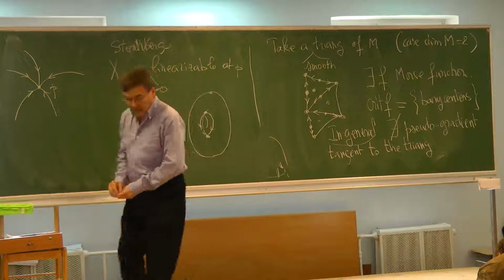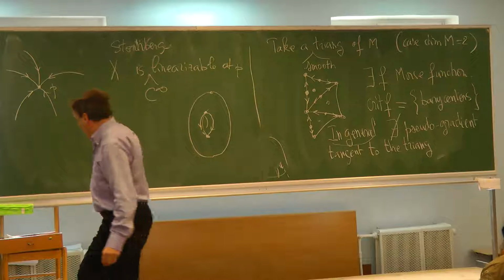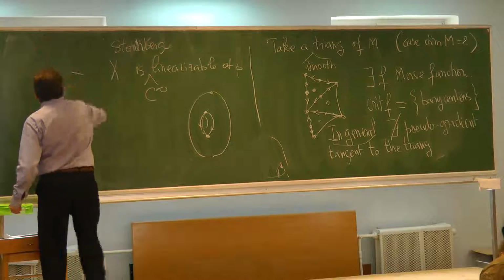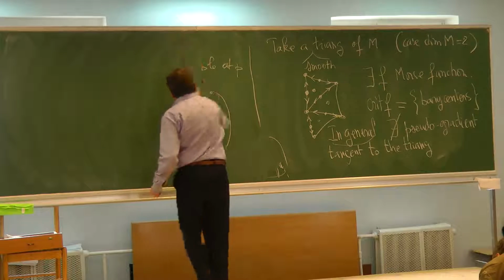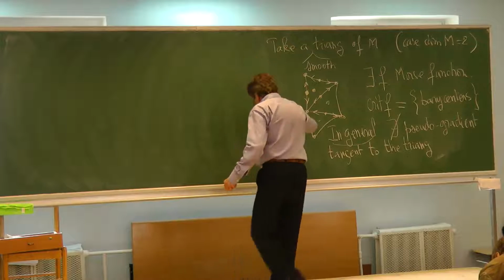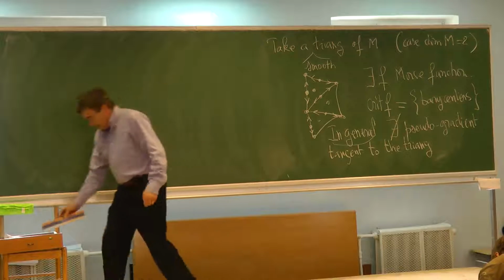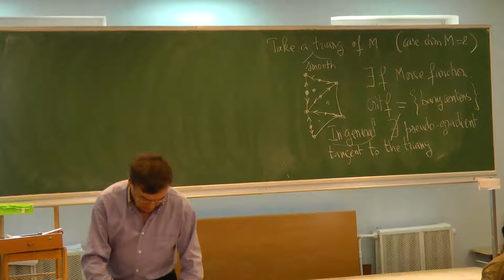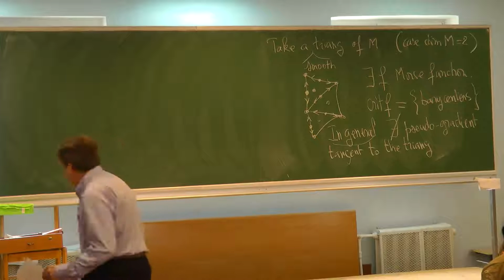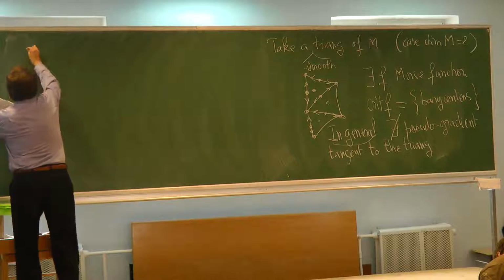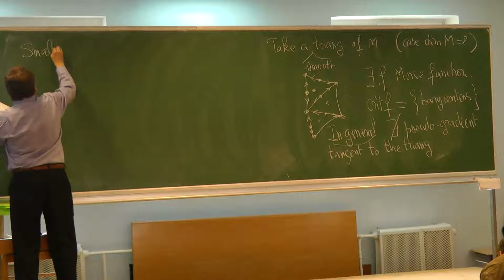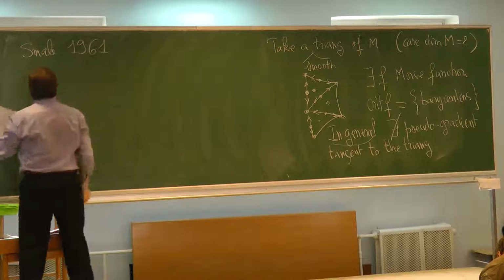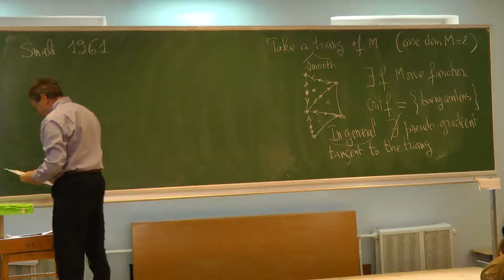So, what happens with Smale? Smale proves the so-called Poincaré conjecture in high dimension, in 1961.